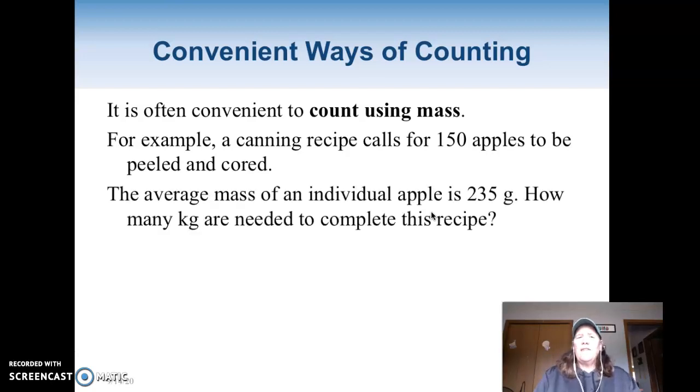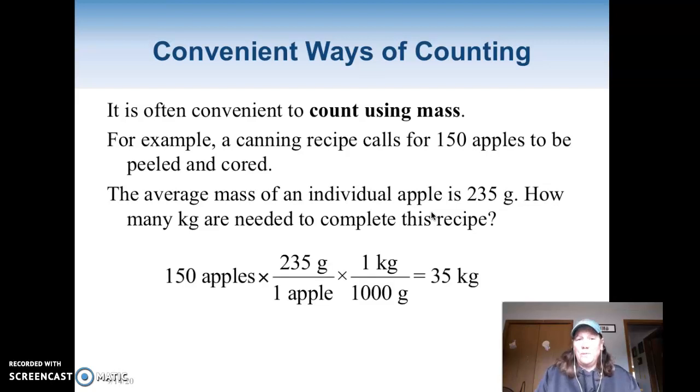If the average mass of an individual apple is 235 grams, how many kilograms? So you can convert that. That's kind of what they did in chemistry with 1 mole. The way to measure the amount of substance in chemistry is a mole. And 1 mole of any substance is whatever its mass is from the periodic table. So it's their way of taking the average mass and converting it to something we can actually measure.